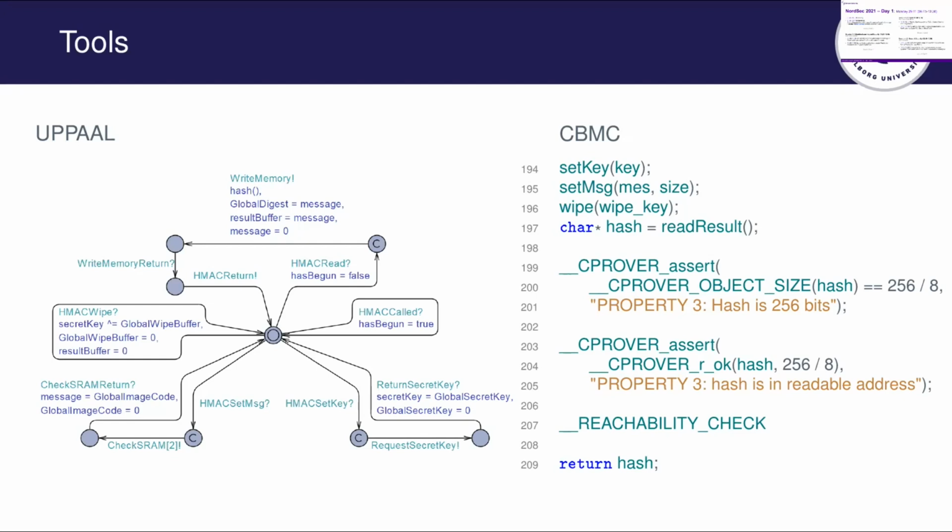And we also tried to contrast it with another modeling tool called CBMC, where the modeling formalism is annotated C programs, whereas UPPAAL is very graphical automata with signals and guards that communicate between the different models.